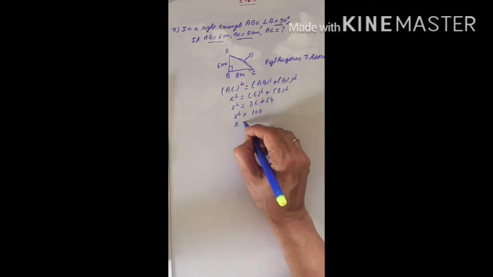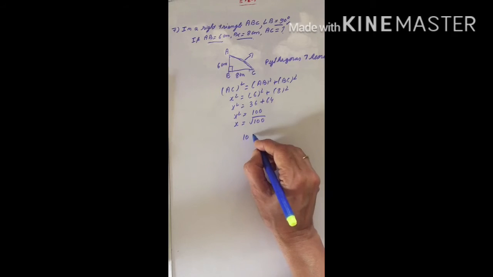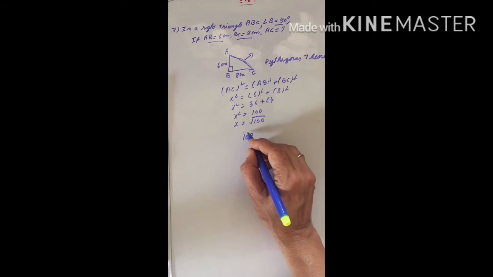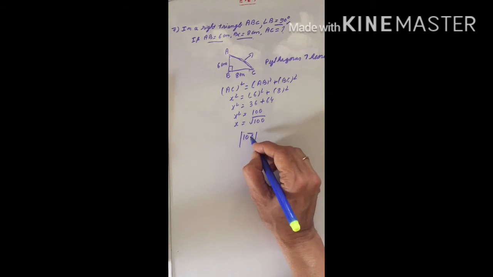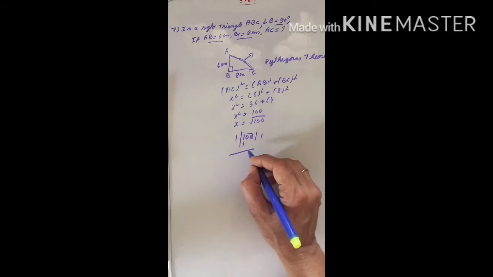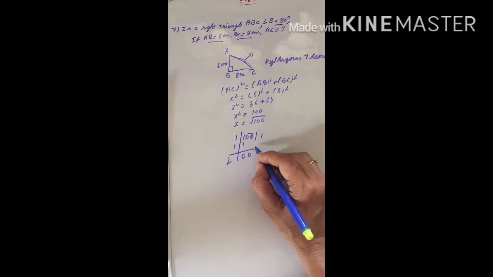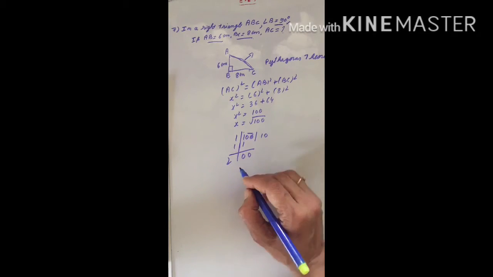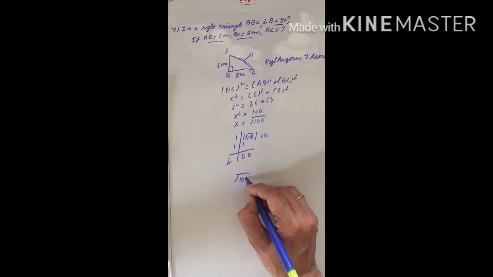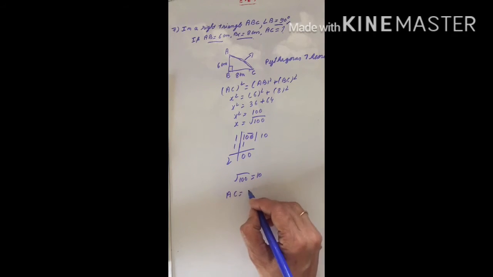So for finding x, you will have to find the square root of 100. Now you will use the long division method, make the pairs. Here it is 0, obviously 1 1, it will go with 1, then 0 0. Now it is not going, so you will have to write here 0. It means square root of 100 is 10. It means AC is equal to 10 centimeter.